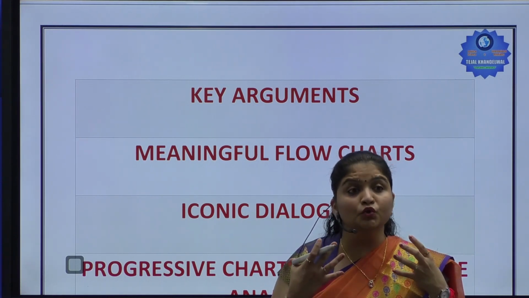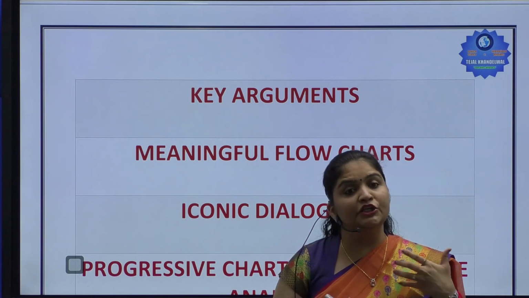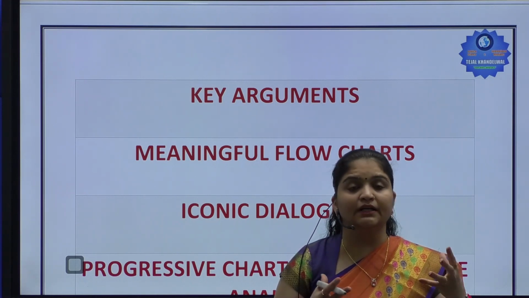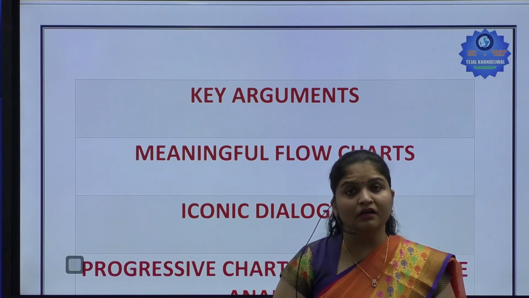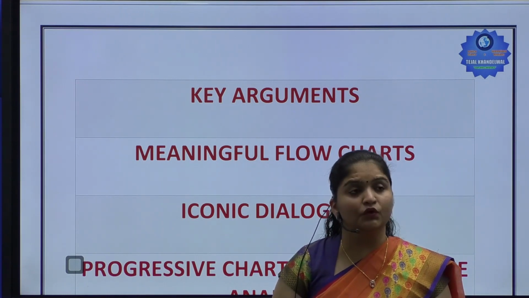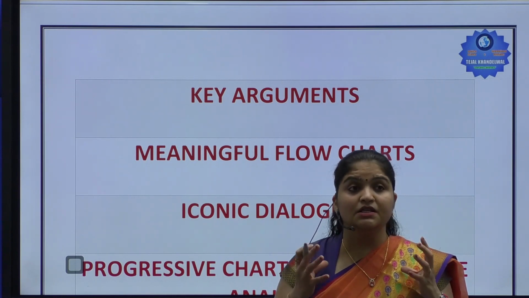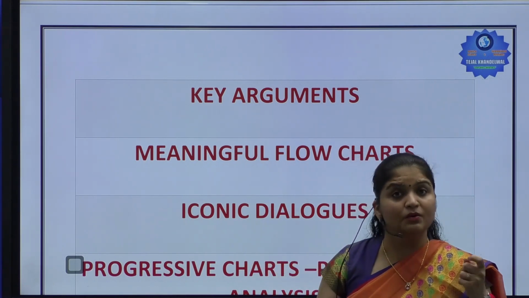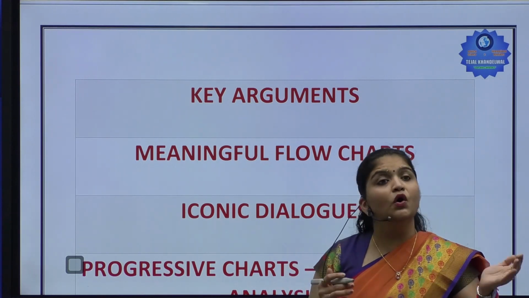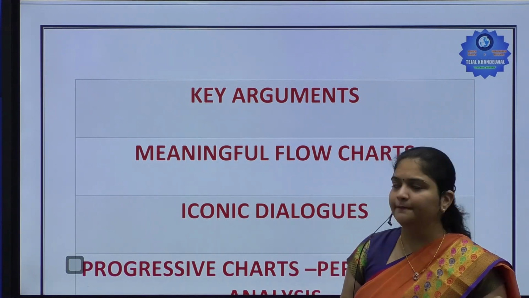Which means you know the key debates, the key issues that will arise, the arguments for the particular issue we are discussing, and the arguments against. This argumentation and articulation has to be very nice. So have key arguments on all the ideas that are there.